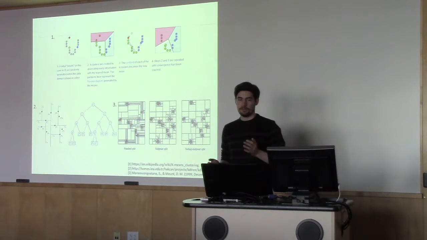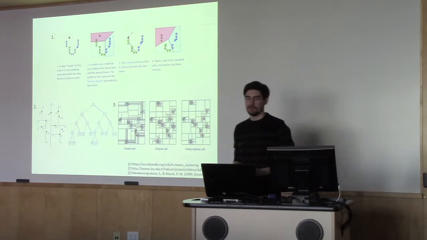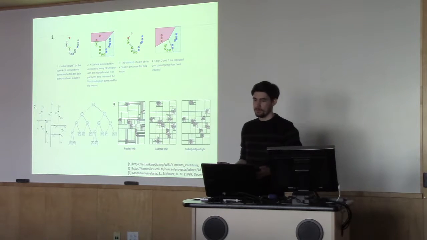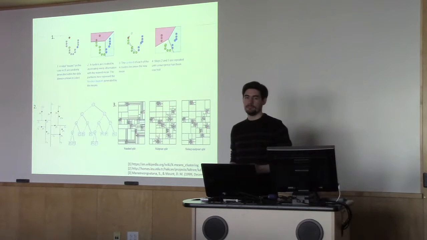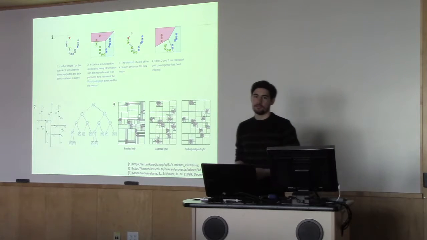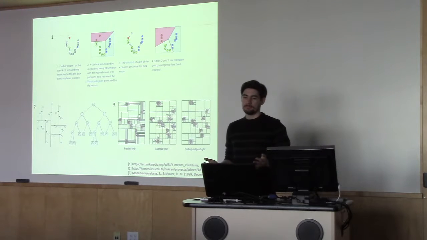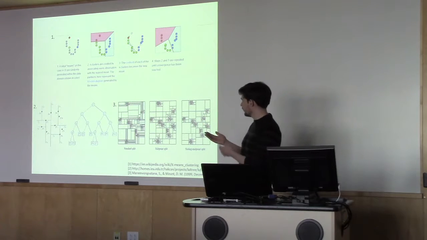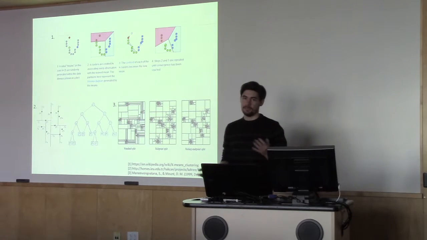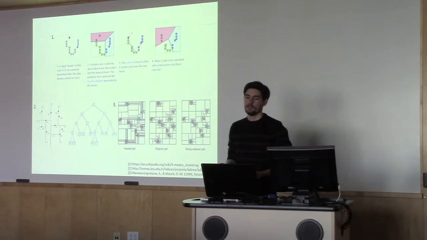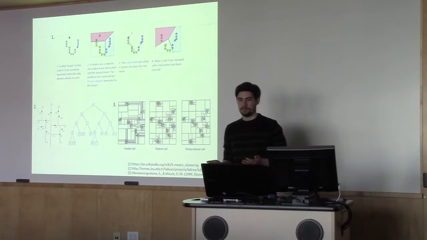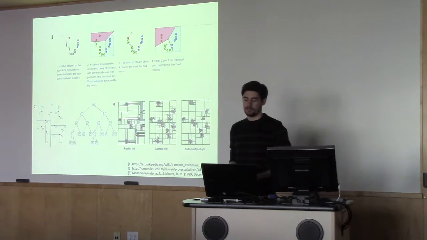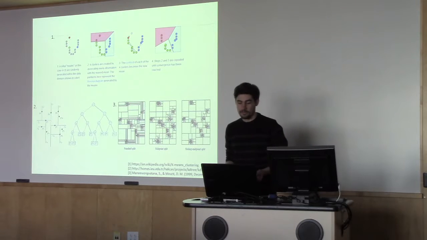So some previous work that's been done with this is trying a variation called the mini-batch k-means algorithm, which is we take a sample of our total point set and we run k-means on that, and that's been shown to essentially give us a good enough approximation in a much faster time.